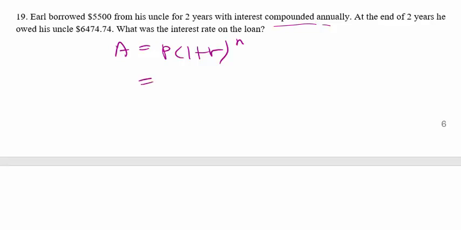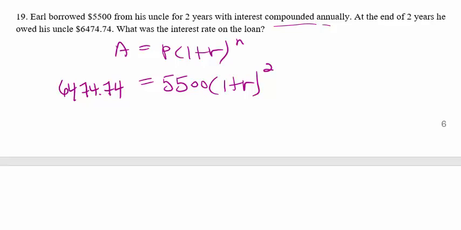Okay, so we start with a principal, which is the initial deposit, $5,500, times (1 plus r) to the second, because it's for 2 years, and A is the later balance. Okay, we can then solve this equation one of 2 ways.